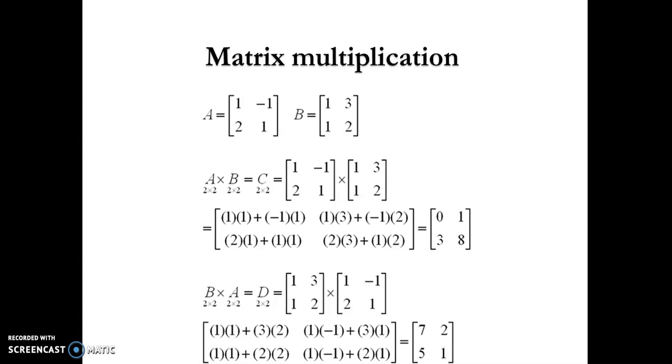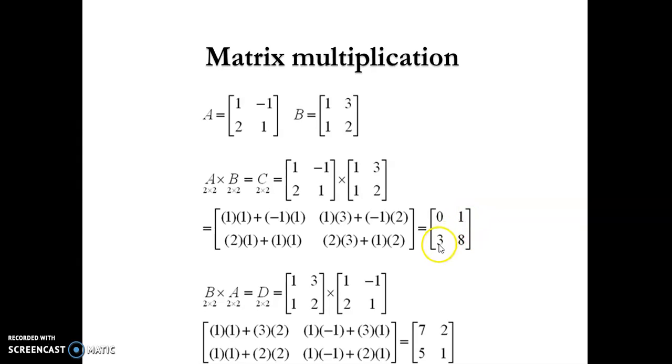So you always take the corresponding element. My first element in this row multiplied by my first element in this column is going to be 1 multiplied by 3, plus my second element in this row multiplied by my second element in this column, minus 1 multiplied by 2. And that is this portion over here, and it will yield an answer of 1.